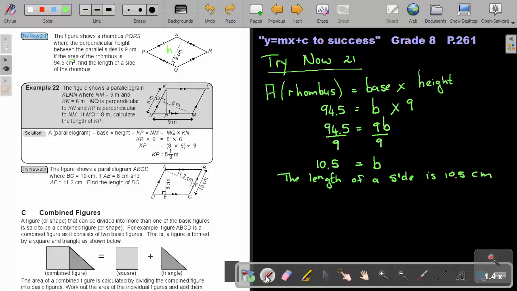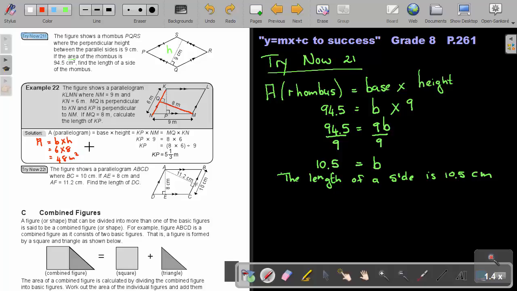Let's take another color. Red is good. The area is base times height, so I'm going to mark it in red. This is going to be 6 times 8, which is 48 meters squared.